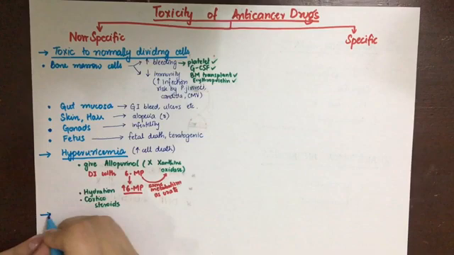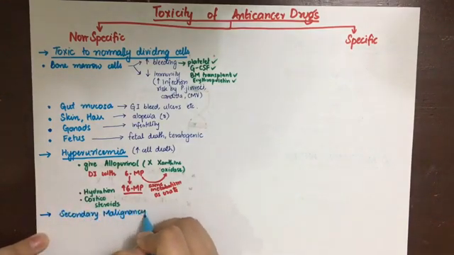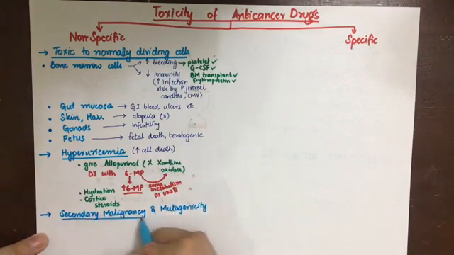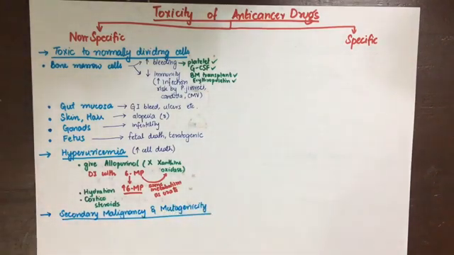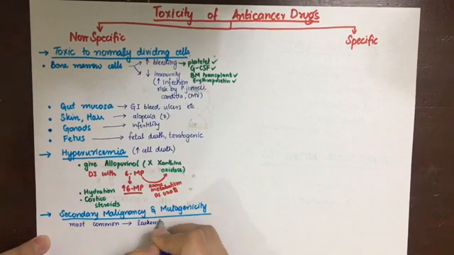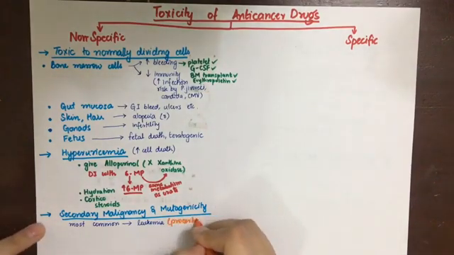Anti-cancer drugs have also been associated with secondary malignancy or mutagenicity, that is because they damage DNA and cells by interfering with the DNA. That's why they can lead to mutation and lead to cancers, most commonly leukemias. And the one drug that is most associated with leukemias is procarbazine.